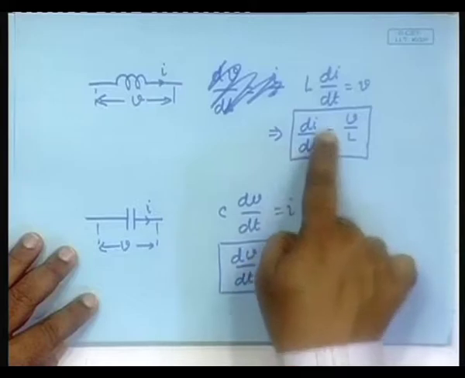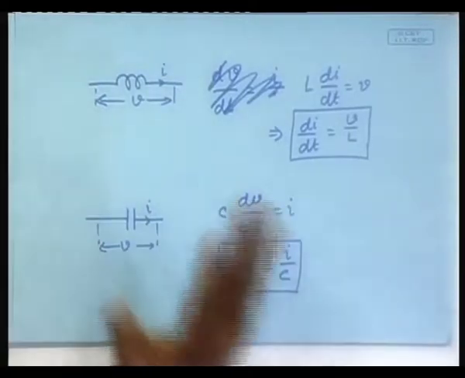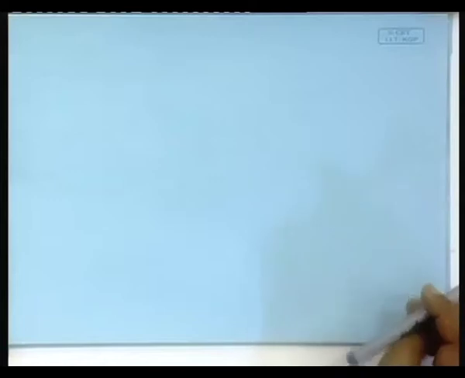We have understood that the right way of choosing the variables is to say that the current through an inductor is a variable and the voltage across a capacitor is a variable, right. Why? Because these two, current through the inductor and voltage across the capacitor, are the minimum variables necessary.